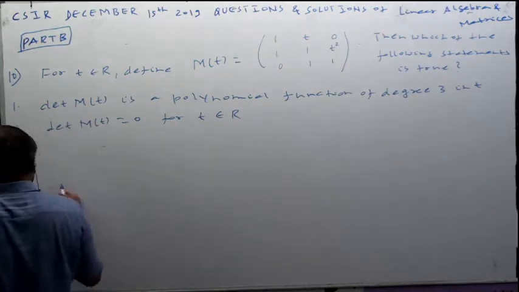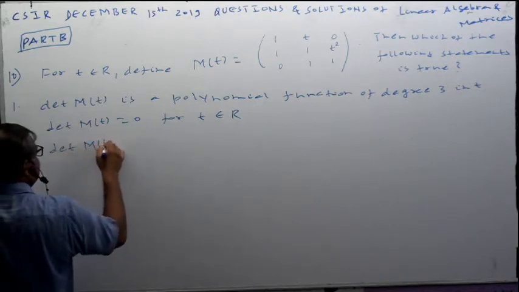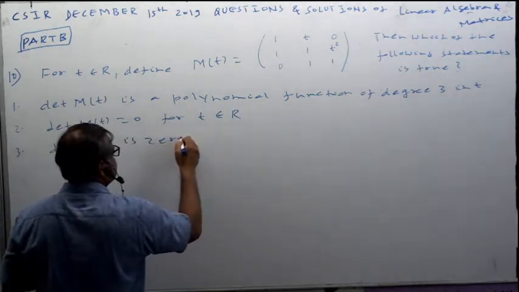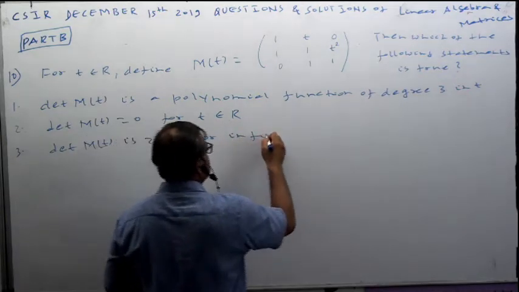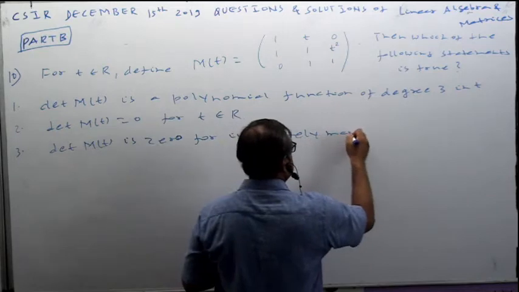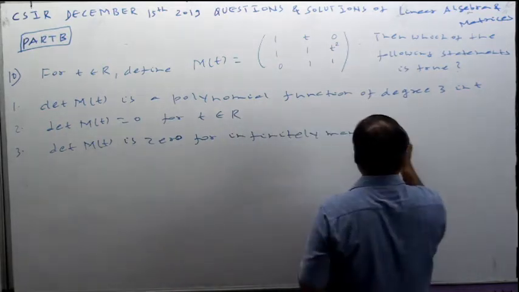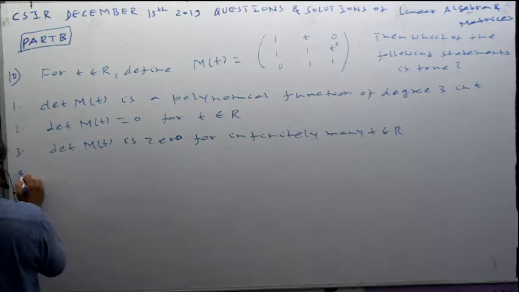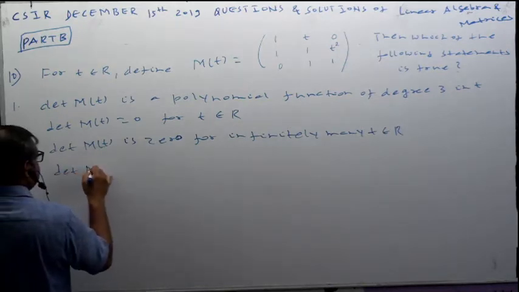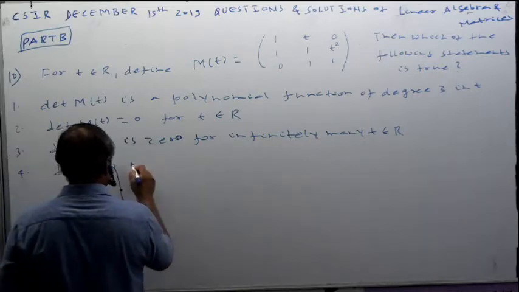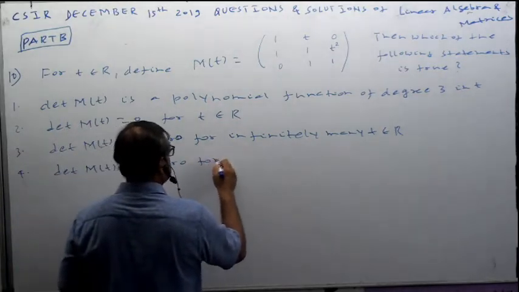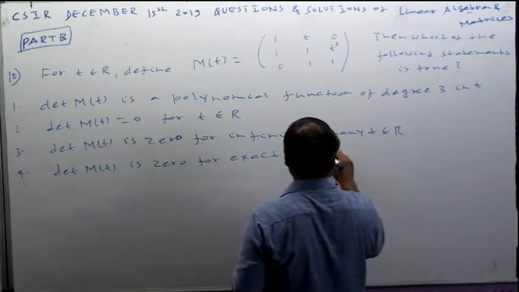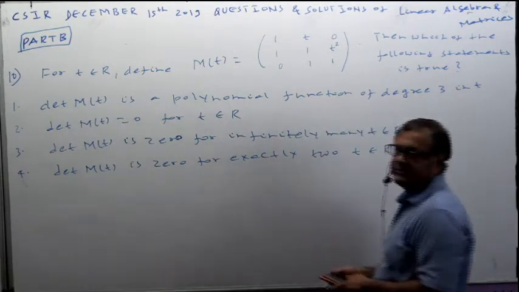Third, determinant of M_t is 0 for infinitely many t belonging to R. Fourth, determinant of M_t is 0 for exactly two t belonging to R. This is your question.